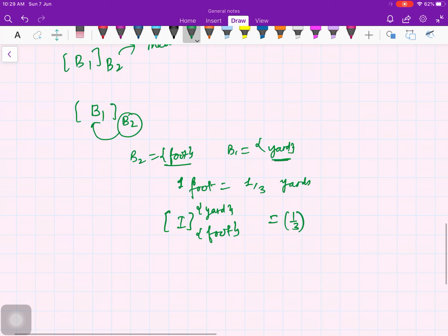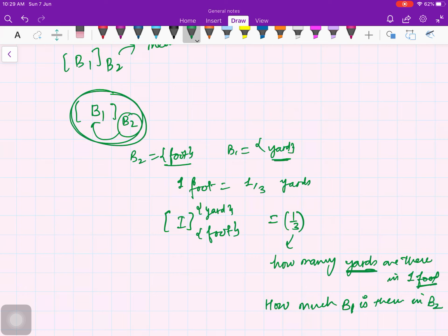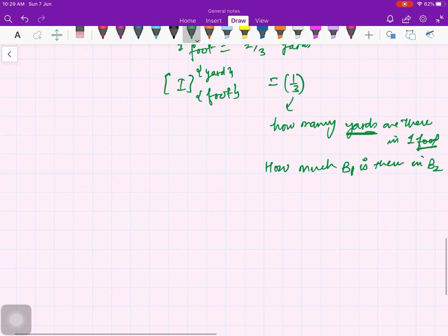So you see, this quantity is how many yards are there in 1 foot. That yards is your B1, and foot is your B2. So this matrix tells you how much B1 is there in B2. So this is the idea of change of basis matrix.